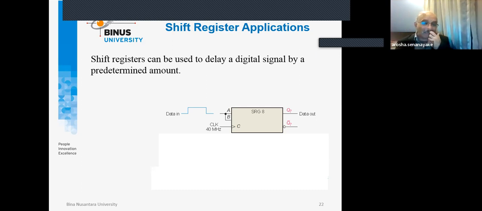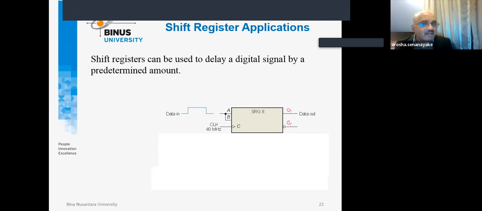So what is the meaning of that? To propagate A to Q7 takes a delay of 1/40. Why? Because after one clock pulse, only the value of A will be in Q7. That's very, very important.